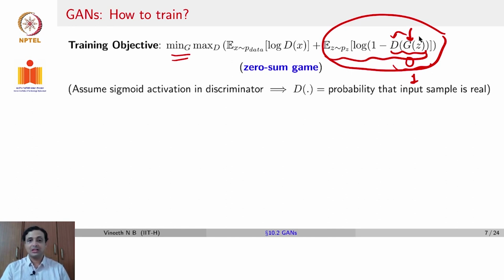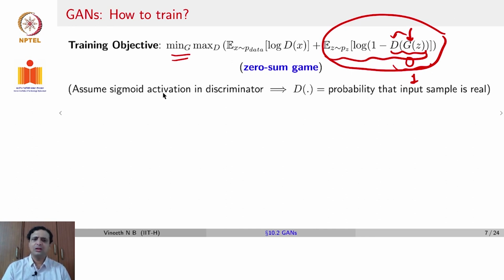So while the discriminator wants to maximize terms in the objective, the generator wants to minimize corresponding terms in the objective. So such a min-max problem is also known as a zero-sum game. This has origins in game theory, which we'll not get into now.